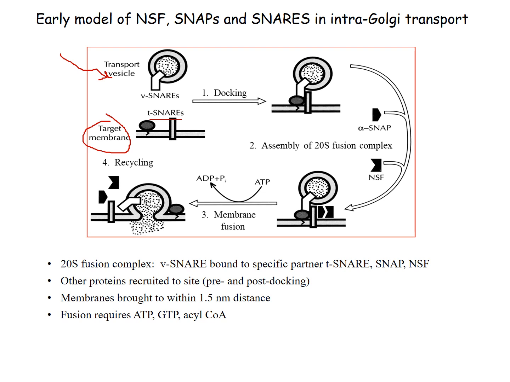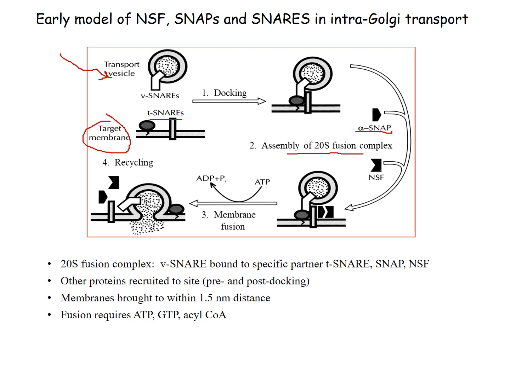It turns out that the T-SNARE and V-SNARE interact through a protein that's fatty acid modified, that then recruits alpha SNAP, and then assembly of the fusion complex, and that's NSF.